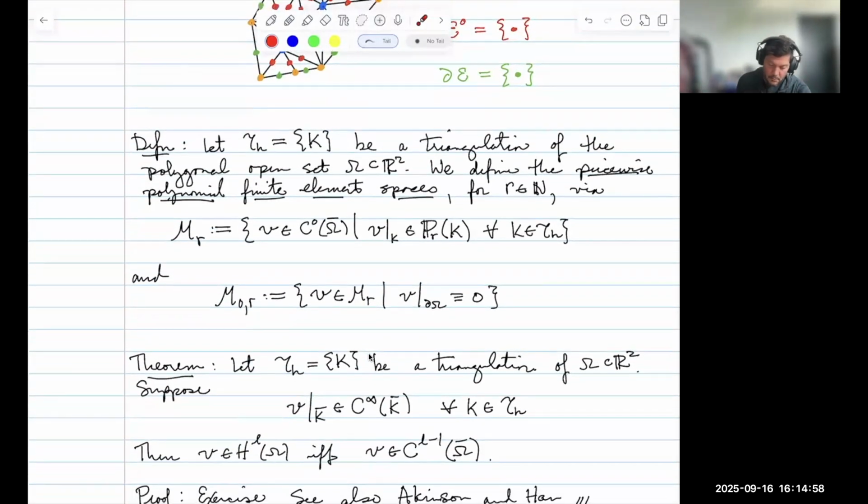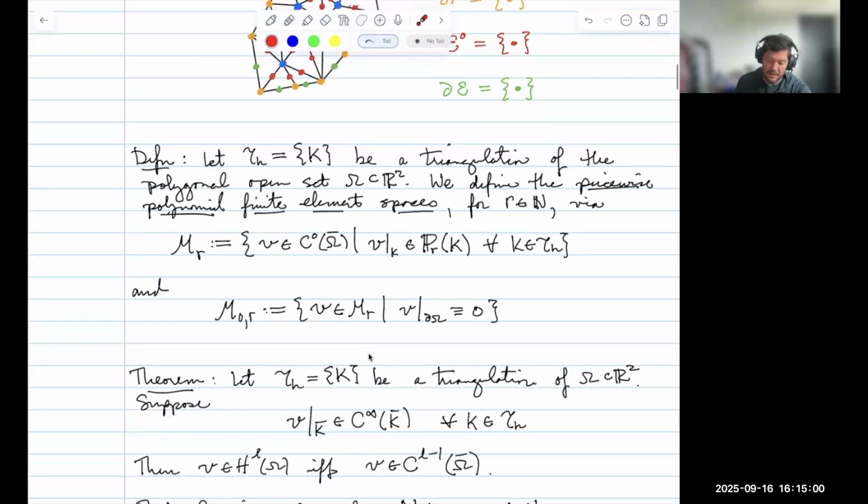Now that we have all these points and this setup, we can define our piecewise spaces in 2D. We can also define our basis functions in 2D. So again, suppose that we have a triangulation of a polygonal open set omega.